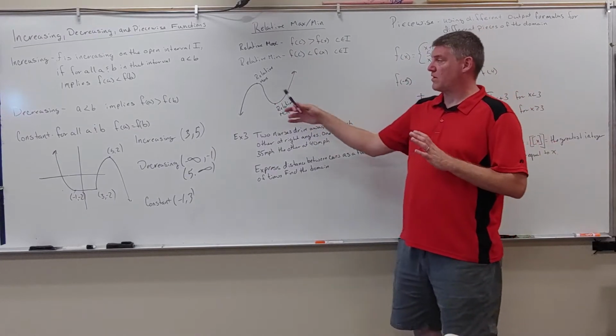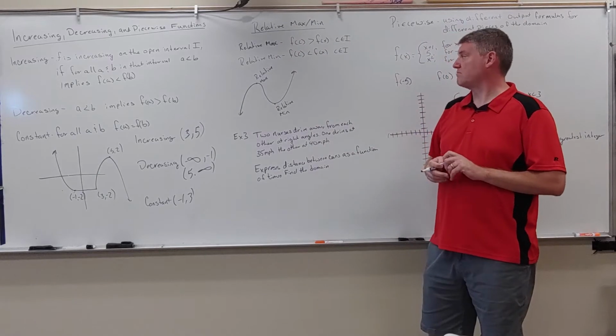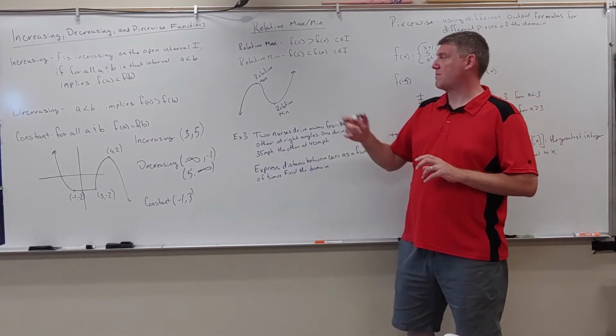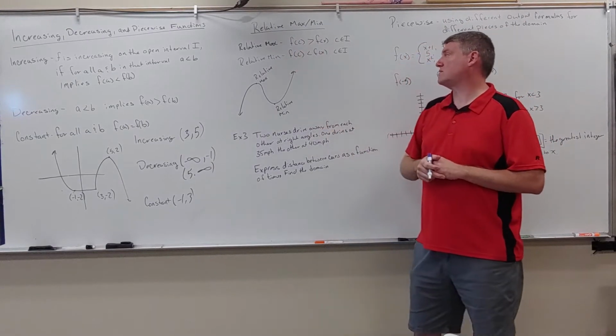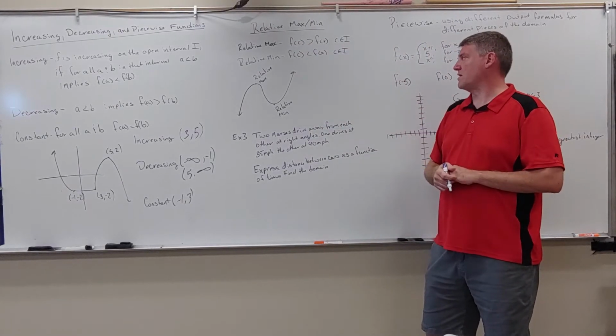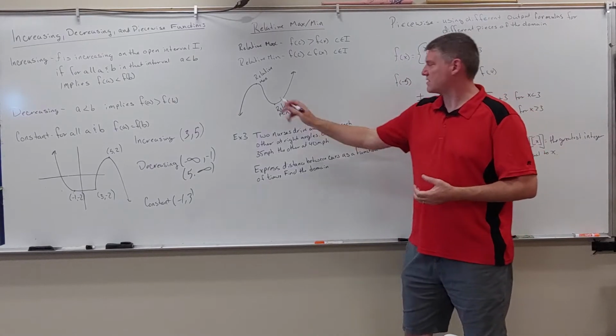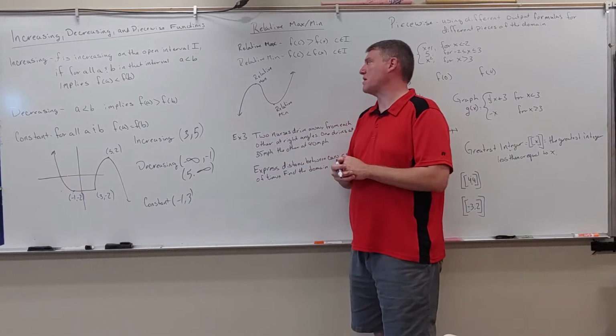When we're talking about increasing and decreasing, we also have relative max and relative min. We have a relative max if f of c is greater than f of x for c an element of the interval, okay? What that means is it's going to be a higher point, a peak.